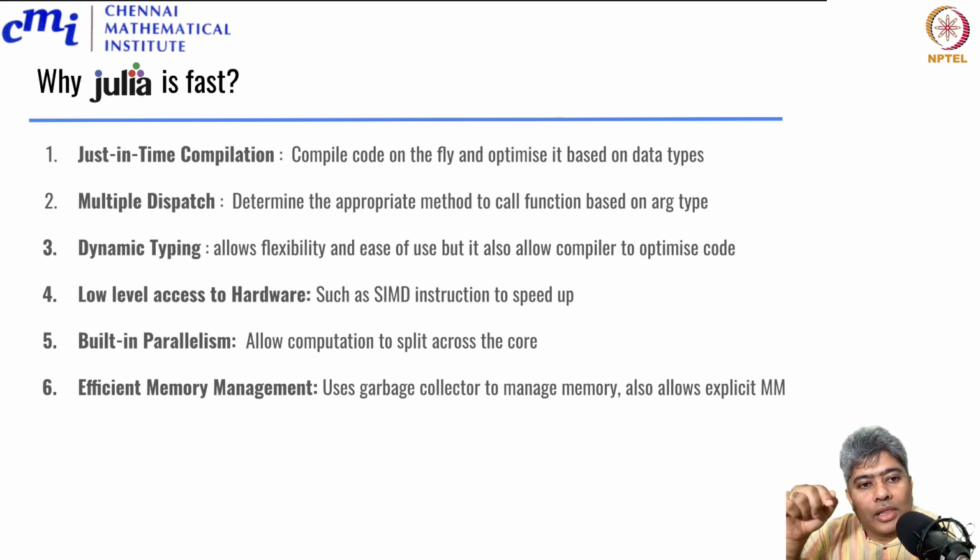Now in Julia, you don't do that. In Julia, you write a function where you declare the argument is a string, and similarly you write another function with the same exact name, but you say that the argument is a float. So now you have two functions with the exact same name, but the argument type is different.